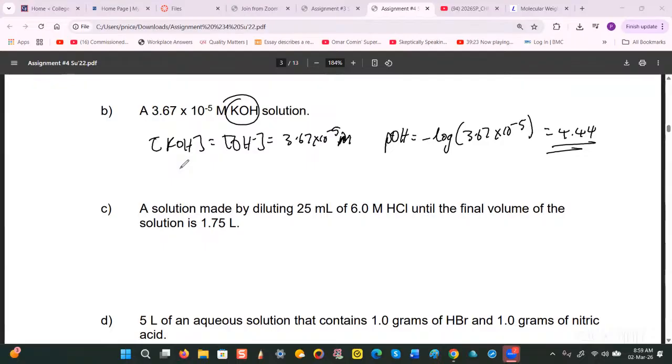And we know that when you add the pH to the pOH, that's equal to 14.00. So therefore we can say that the pH is equal to 14.00 minus the pOH, which is 4.44, which works out to be equal to 9.56. And that's how that is done. All right?